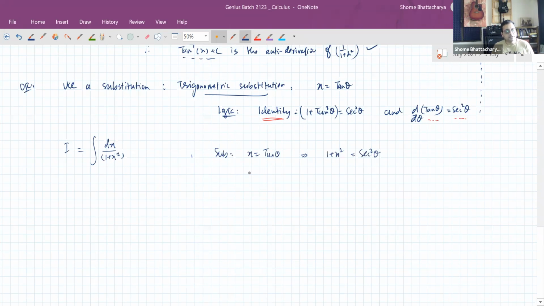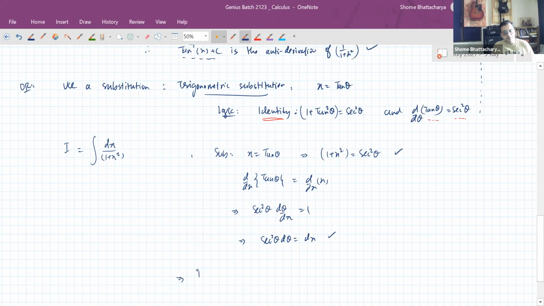And for the numerator, dx, I can see that differentiation with respect to x of tan theta, sec square theta d theta by dx is equal to 1. So this and this can be substituted in the integration.